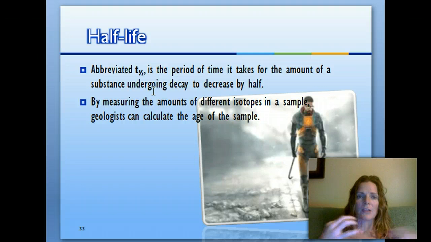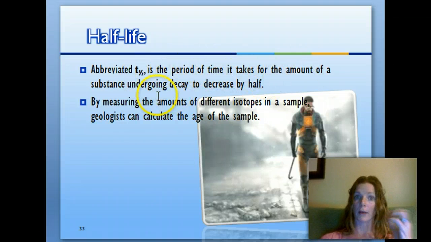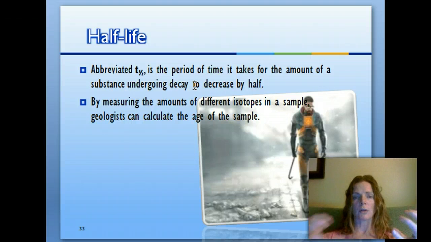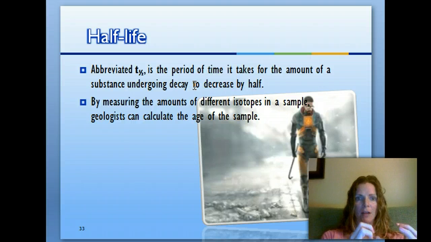That basically when we're talking about radioactive decay, the half-life is the period of time it takes for the amount of whatever substance you're figuring out how old it is to undergo decay and decrease by half. Okay? So when you break it up, the half-life is talking about how much time it takes for that substance to decrease its mass by half.